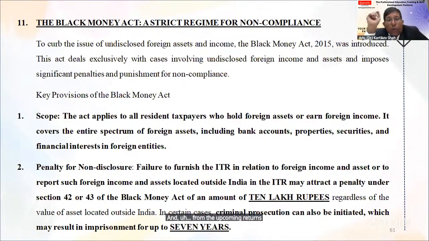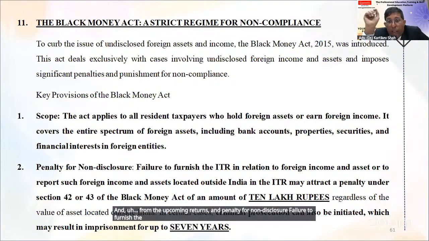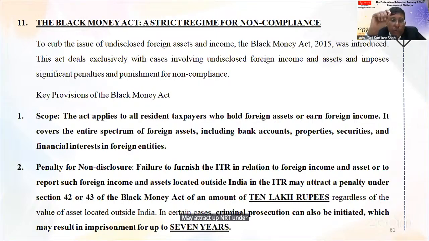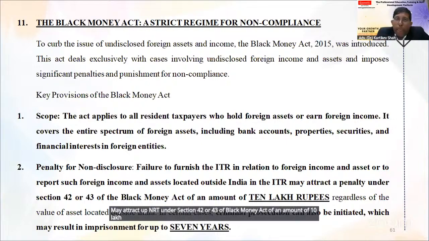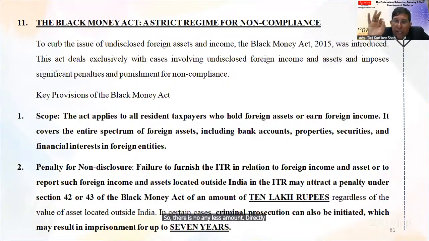And penalty for non-disclosure: failure to furnish the ITR in relation to foreign income and assets, or to report such foreign income and assets located outside India in the ITR, may attract a penalty under Section 42 or 43 of the Black Money Act of 10 lakh rupees. There is no lesser amount, directly 10 lakh rupees, even if you fail to furnish.